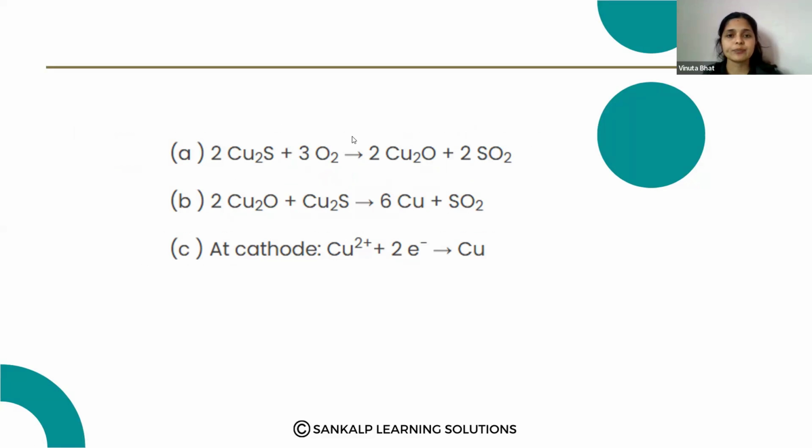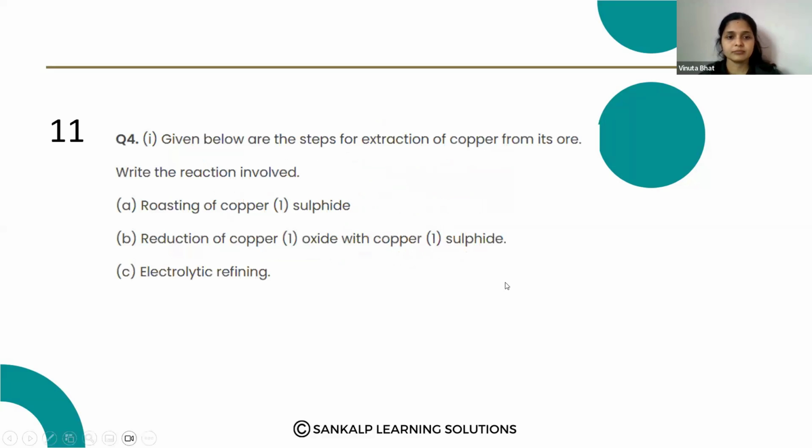Heat is involved here also. Then at the cathode, what happens? The copper ions Cu2+ gain 2 electrons and become copper. This is the electrolytic refining of copper.